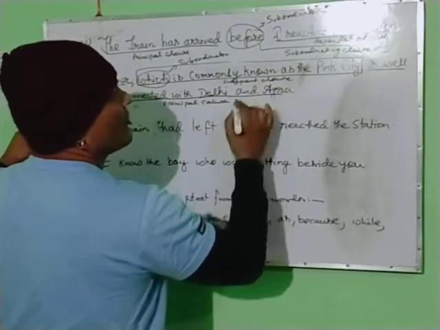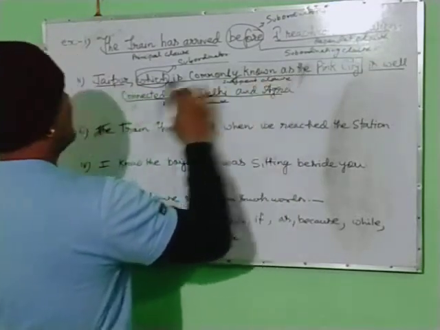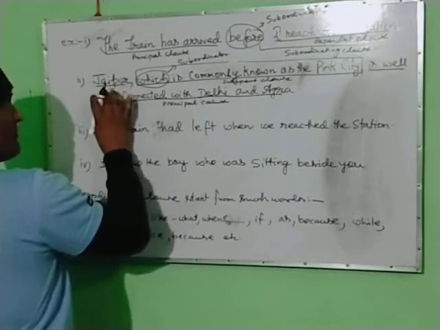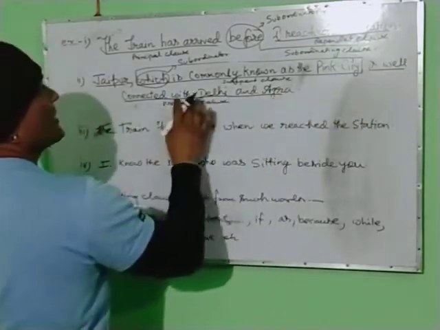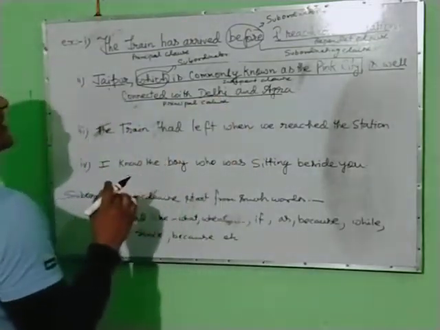It's a dependent clause, so it depends on the main sentence, that is, Jaipur is well connected with Delhi and Agra.